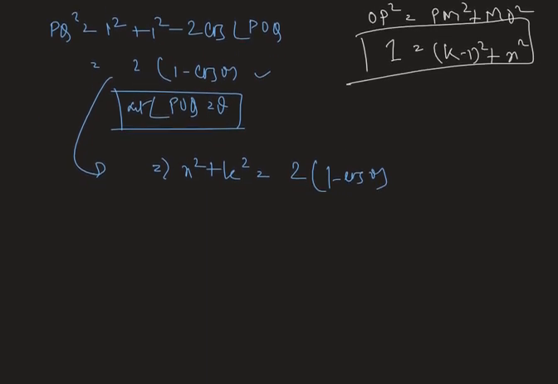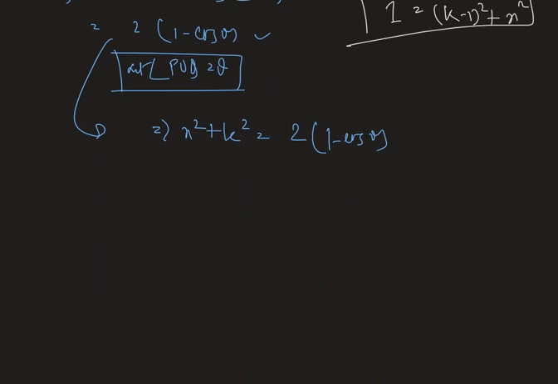Therefore x square plus k square is equal to 2 into (1 minus cos theta). This is true. Now from this we can write 2k is equal to 2 into (1 minus cos theta), and from this we get theta is equal to cos inverse of (1 minus k).